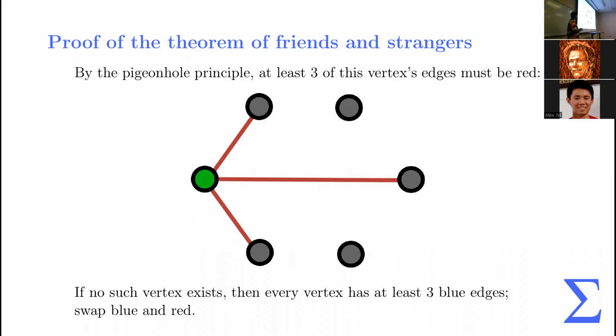Let's say no vertex has 3 red edges, then it has to have 3 blue edges by the same logic. And this is an important thing that comes up in Ramsey theory. You can just flip the colors. Red and blue, that's a binary choice, but it doesn't matter which one you assign to which color. So we put down our 3 red edges here.